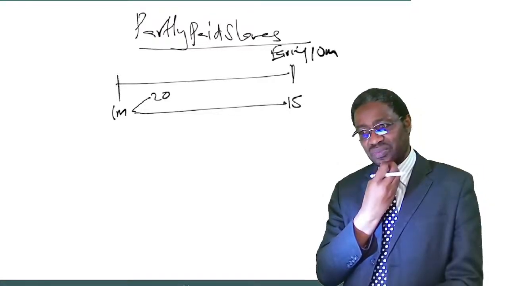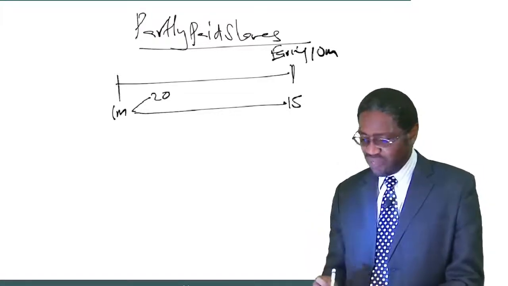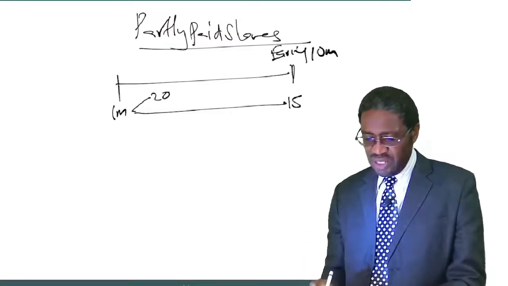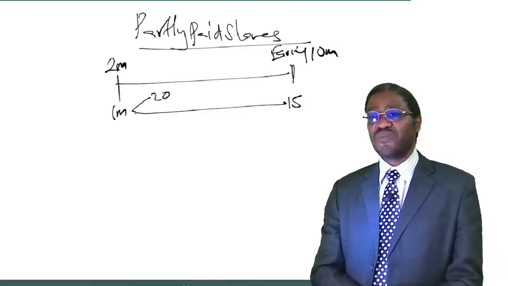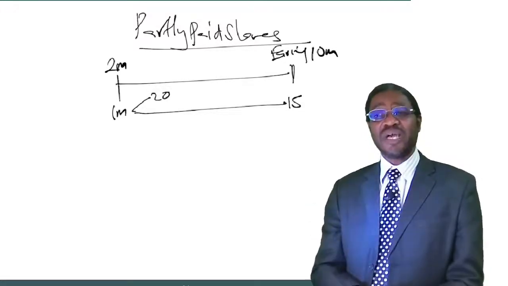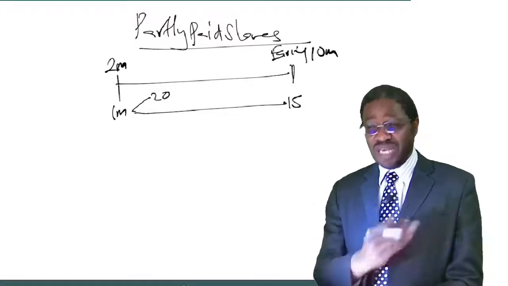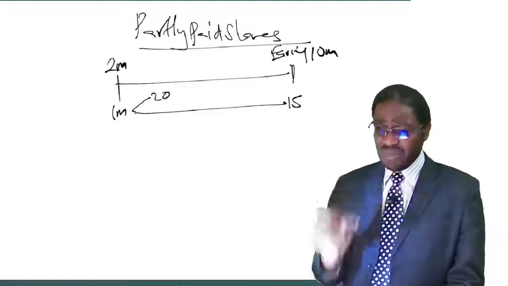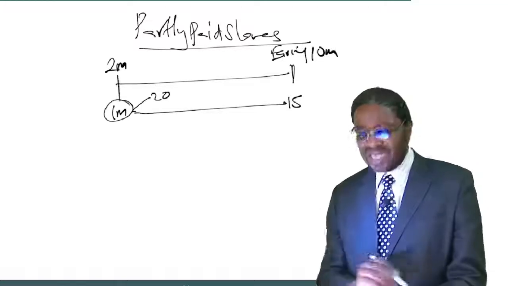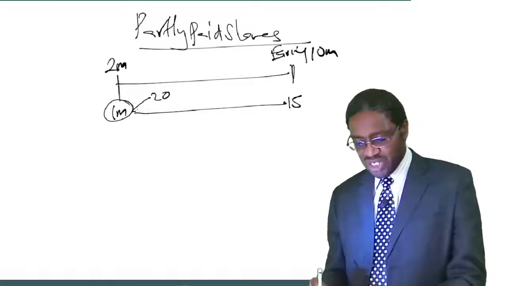Okay? So maybe we can even assume something like this. We had 2 million shares by the beginning from many years ago. Come January this year, we issued another 1 million at 20 bob.